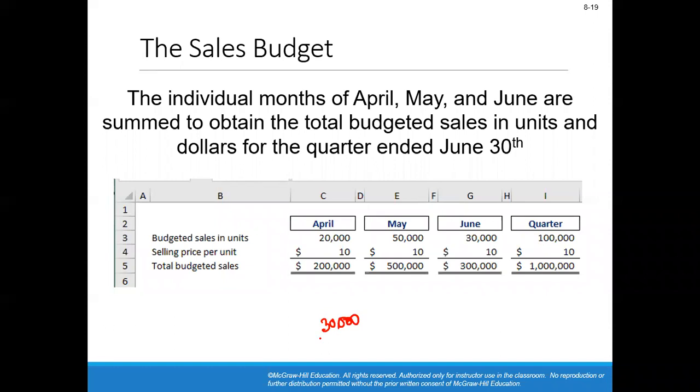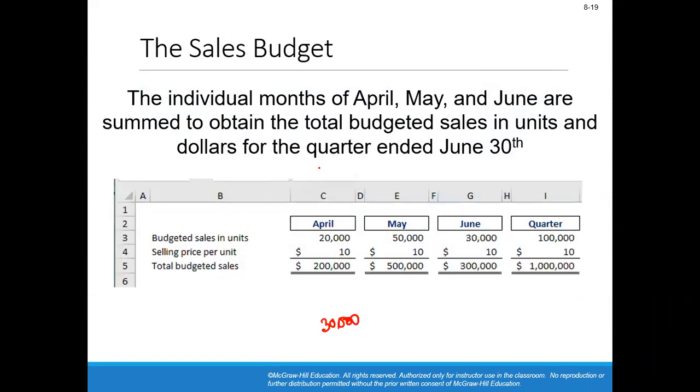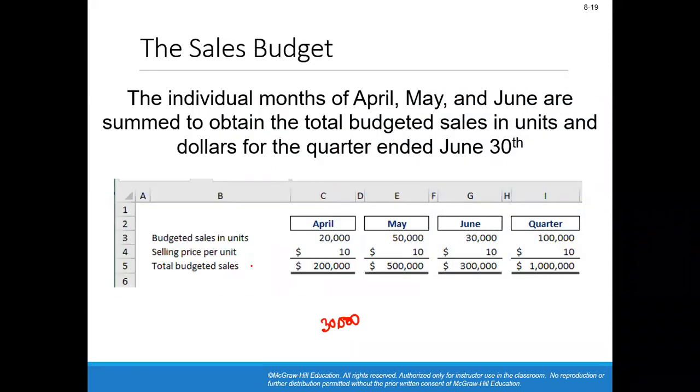It is coming from March, but again, we have this number, as I was saying, 70% will be collected in the month of sale. So out of this 200,000, 70% will be collected in this month, and 30% will be collected in the month following the month of sale.